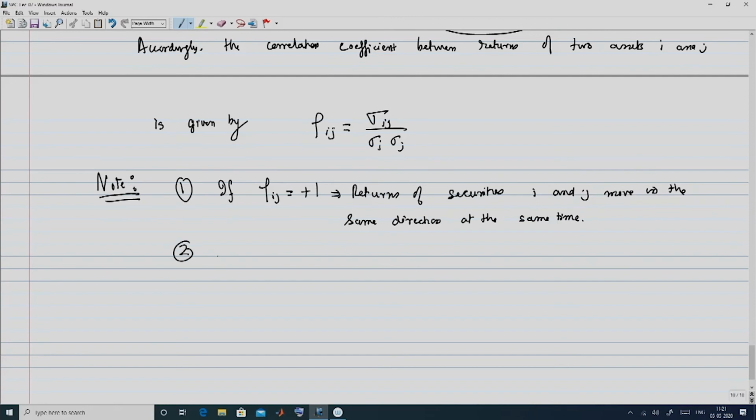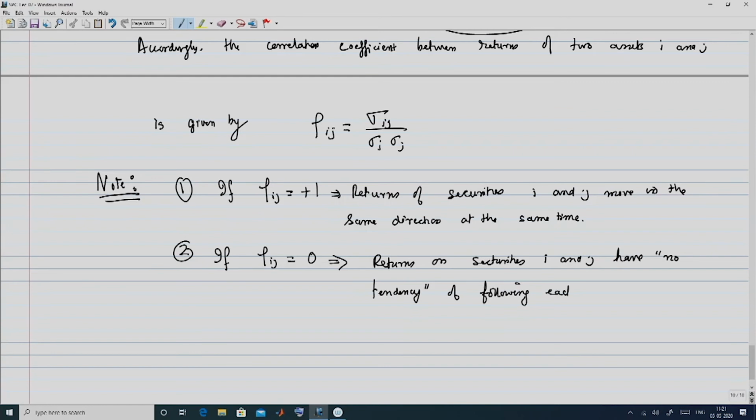The second observation: when rho ij is equal to 0, this implies that returns on securities i and j have no tendency at all of following each other.